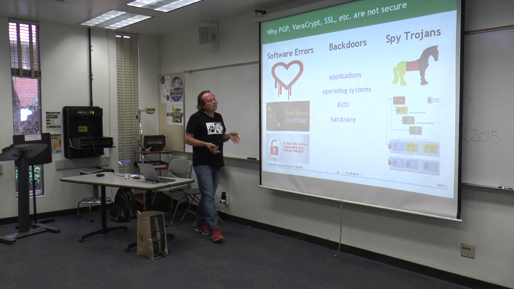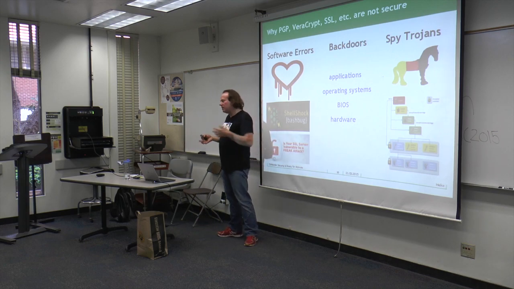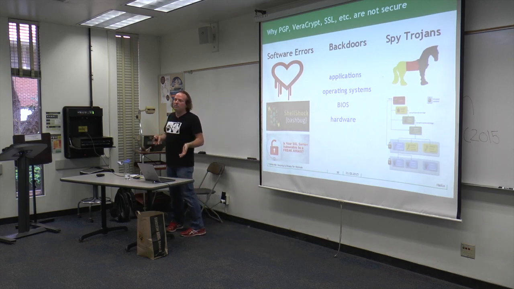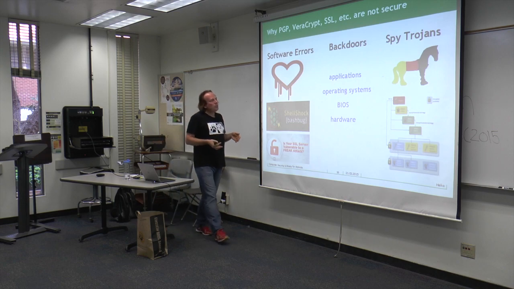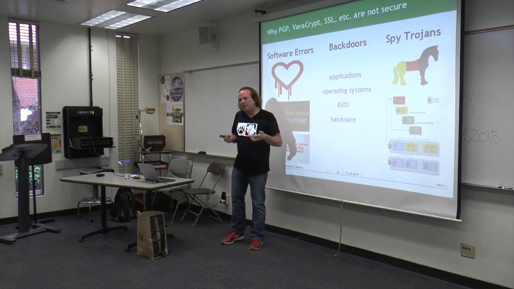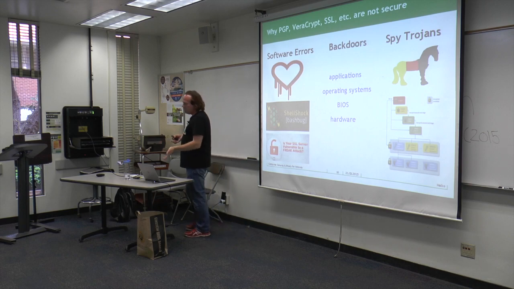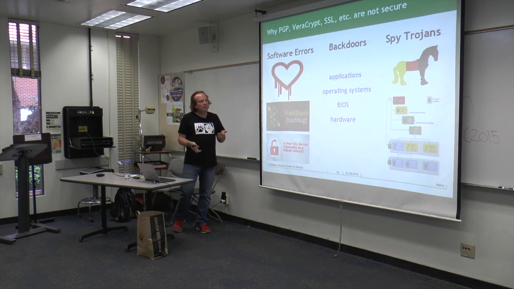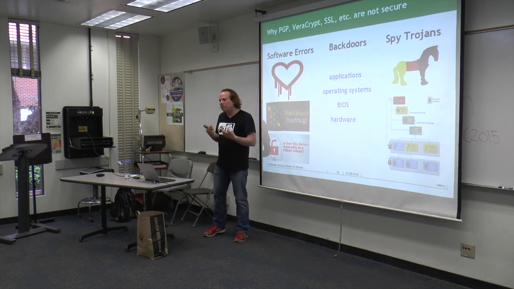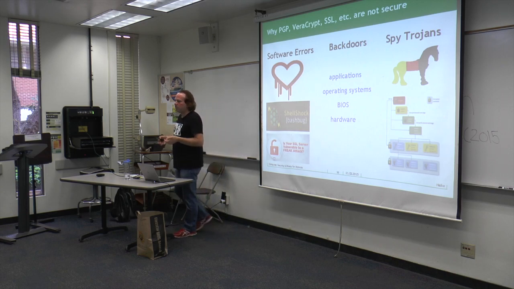A lot of government agencies have spent a lot of development power on creating so-called spy trojans, which is software which installs on your computer and tries to intercept the data communication before it is encrypted or after it's been decrypted.